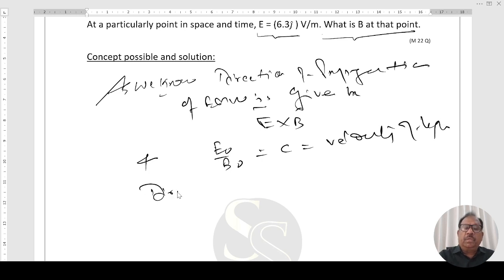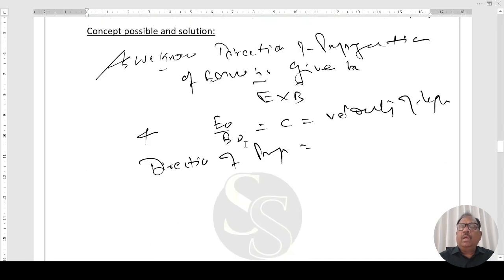Direction of propagation is along the x-axis.